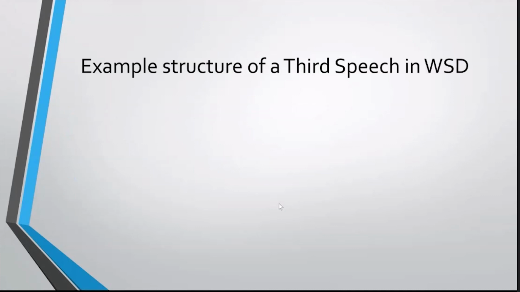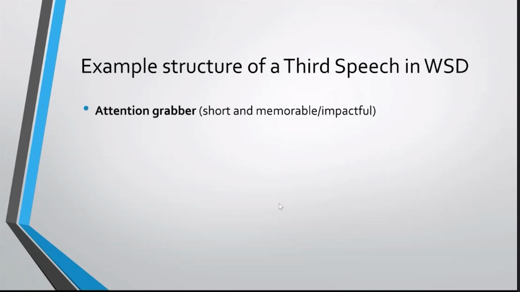So, an example structure of a third speech in world schools debate looks like, firstly, an attention grabber. It's not a necessary part, but it's very good to use it to grab the attention of your judge from the get-go so that they're really listening to everything you're trying to tell them.